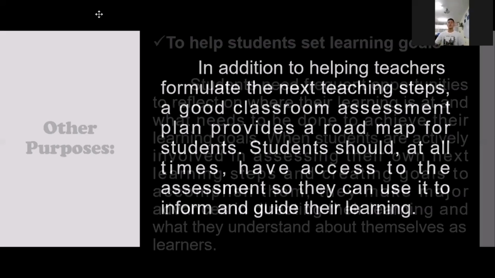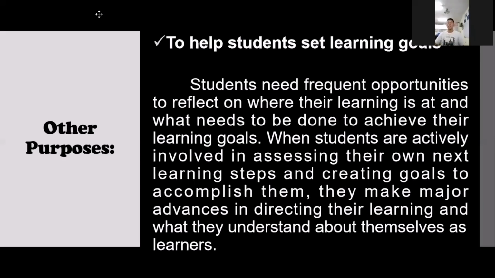Another purpose is to help students set learning goals. Students need frequent opportunities to reflect on where their learning is at and what needs to be done to achieve their learning goals. So this is one way of assessing the students' learning progress or growth, whether they achieve the learning goals of the lesson or not.